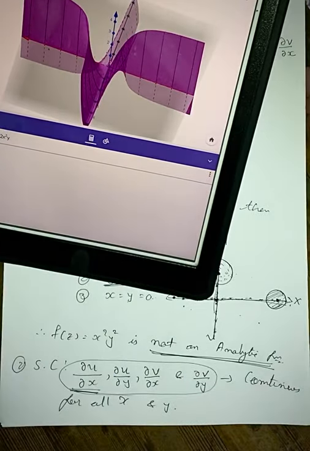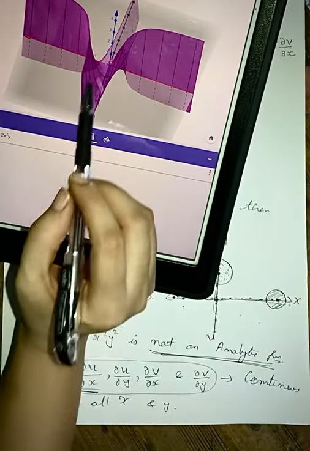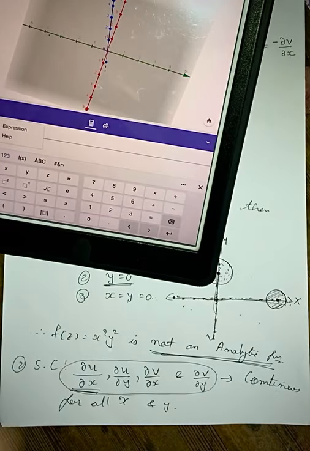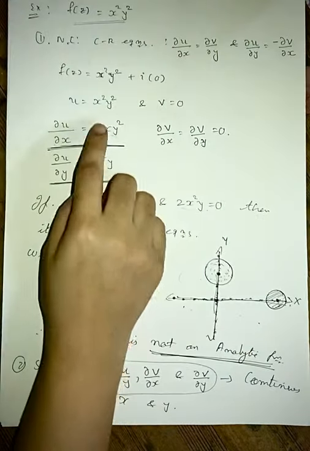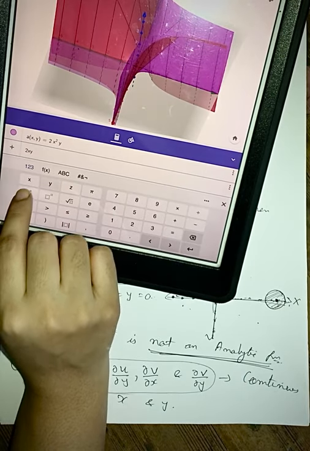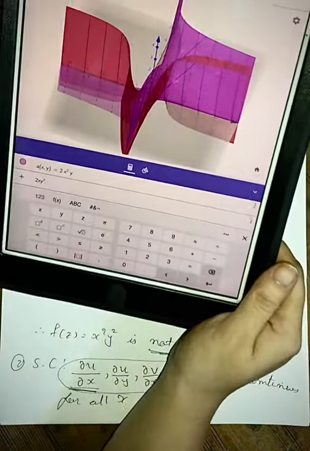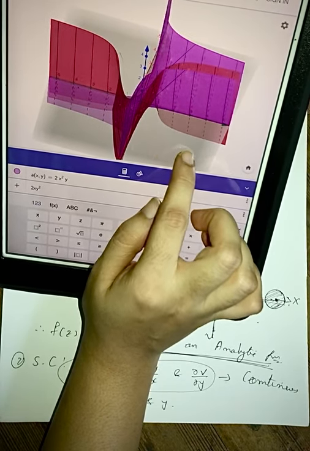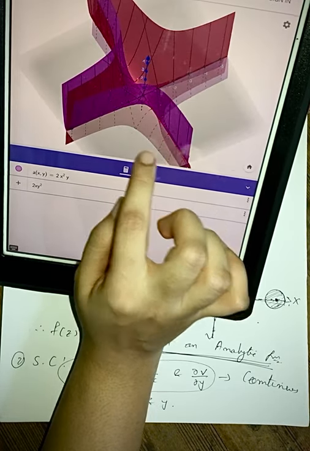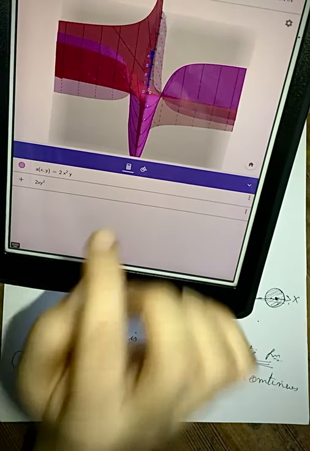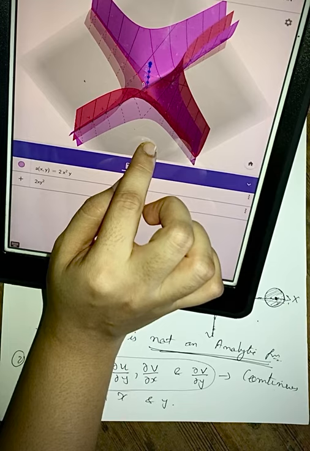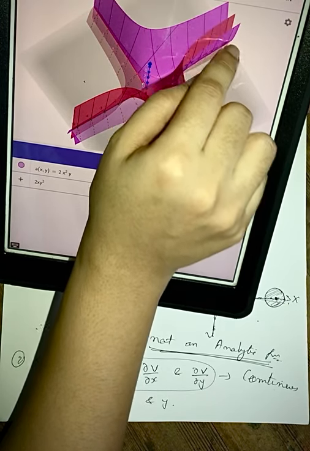Now if I overlap both these derivatives, 2xy square and this one, we will see both of their effects together, and even for this case, things are a bit complicated, but you will see that there is continuity near the coordinate axis, but it loses it. See how many breaks you see here, right?